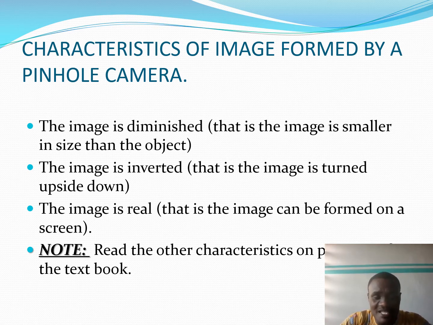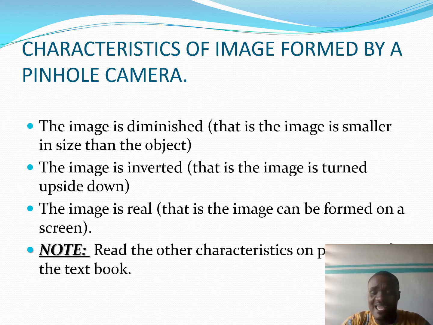When the object is placed far away from the pinhole camera, the object distance becomes longer than the image distance. Therefore, the image will be small inside the pinhole camera. If the object is brought closer to the pinhole camera, it means that the object distance is small, and therefore the image will be bigger inside the pinhole camera.